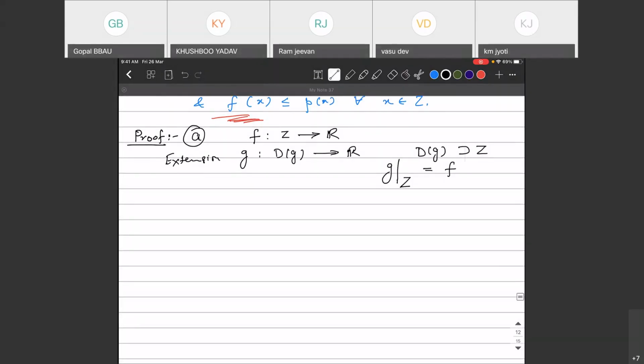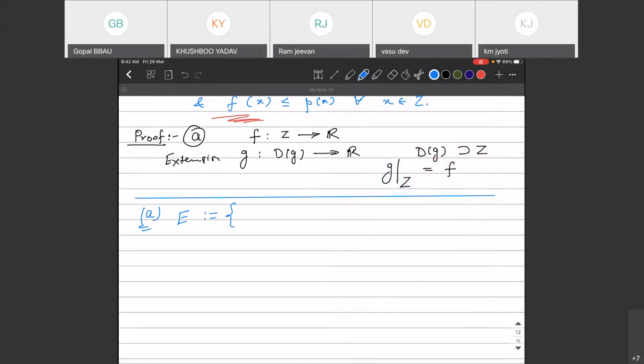So let's begin. First we define a set E. What is the set E?